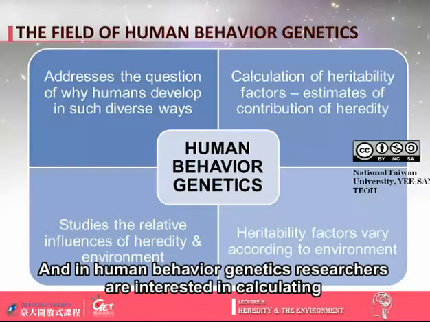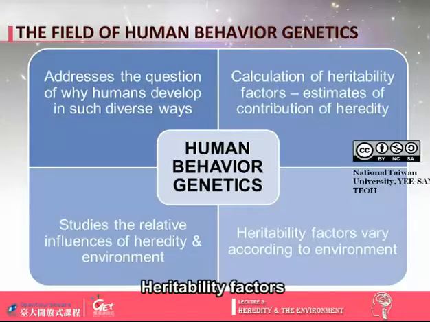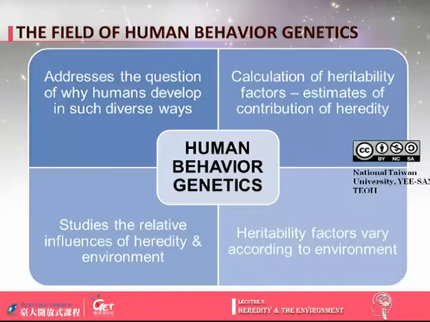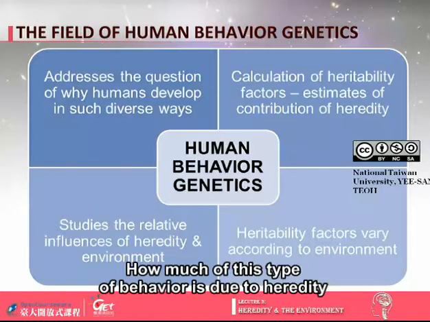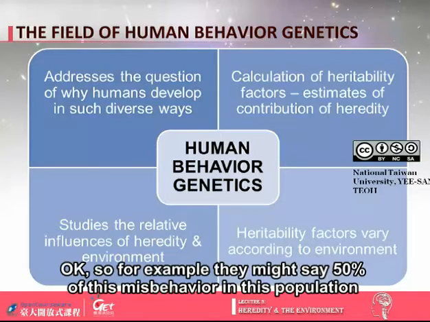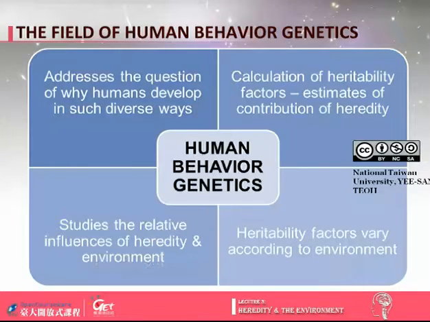And in human behavior genetics, researchers are interested in calculating heritability factors. That is, these researchers are interested in saying how much of this type of behavior is due to heredity, due to genes. Okay, so for example, they might say 50% of this behavior in this population. Okay, this is very important.